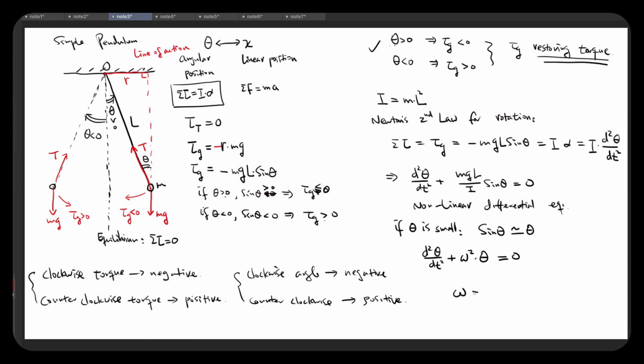And the omega here is given by square root of mgL over I, the moment of inertia. Now this equation is exactly the same as the previous spring system, with only the replacement of x by theta. Otherwise, the equation looks exactly the same. So that's again the standard differential equation for simple harmonic motion. Of course, this omega here is called the angular frequency. The angular frequency's definition now is different.